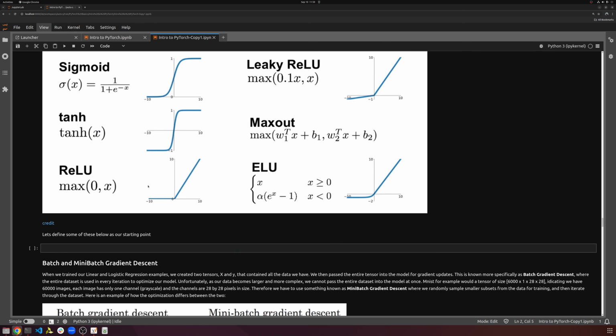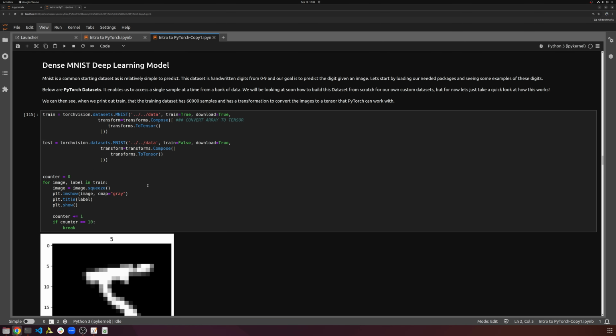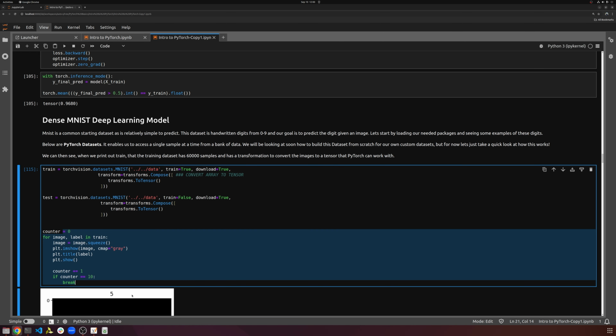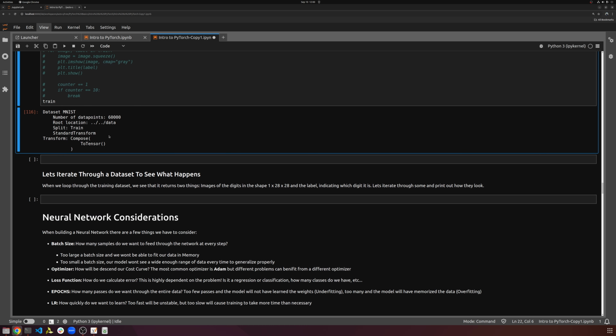Okay, fine. But this is probably not possible. For example, if we look at MNIST, let's print out train again. We have 60,000 images, and probably on modern GPUs today we could actually pass all these in, because these images aren't that big. But let's imagine we have 1 million high resolution images, like the ImageNet dataset, which we'll work with later.